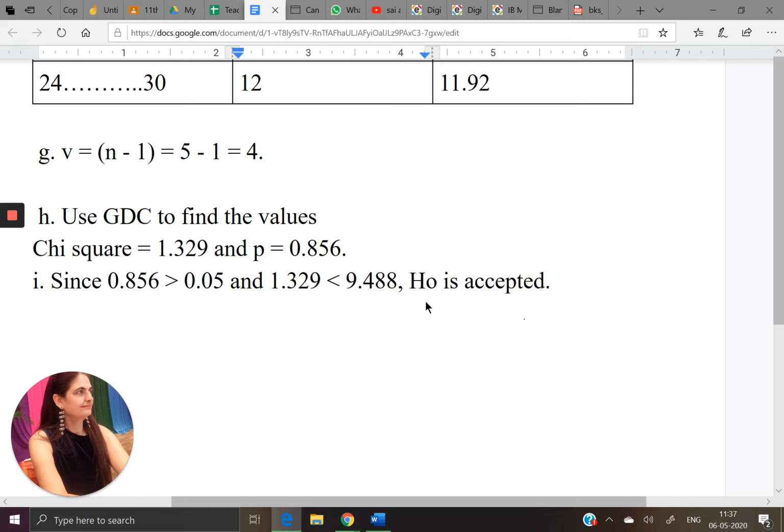So this will be my conclusion in the I question. You can write this answer. So this was all about chi-square, finding chi-square when mean and standard deviation is given to you. Okay.